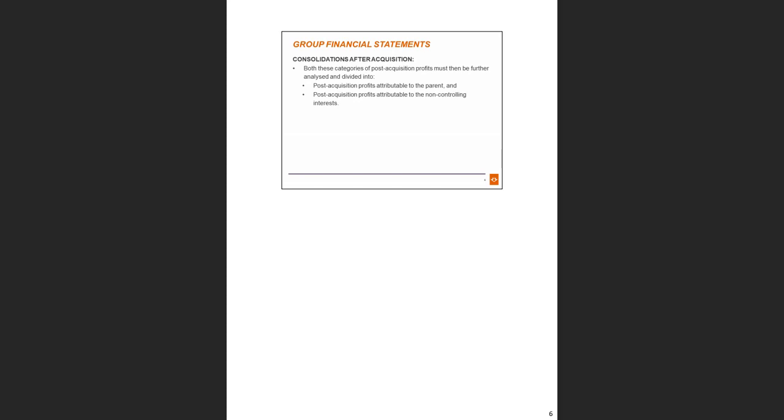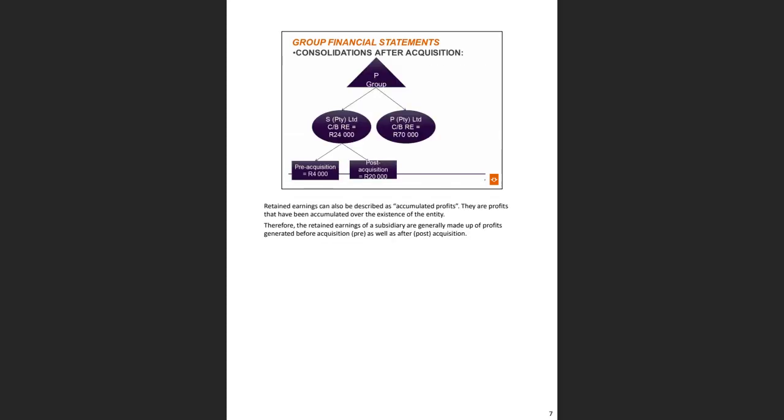Okay, and one of the tools we use to help us is our analysis of equity. So we will have a look at that, and that will hopefully assist us to do this analysis. So we have an example here on slide 7.